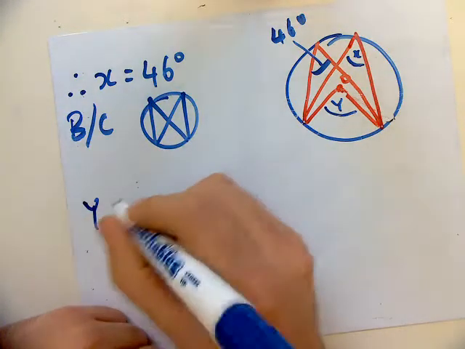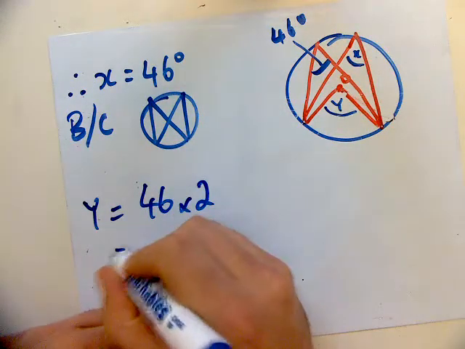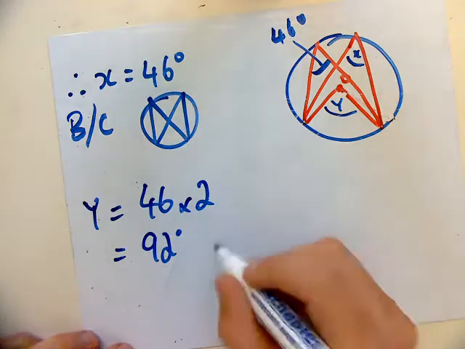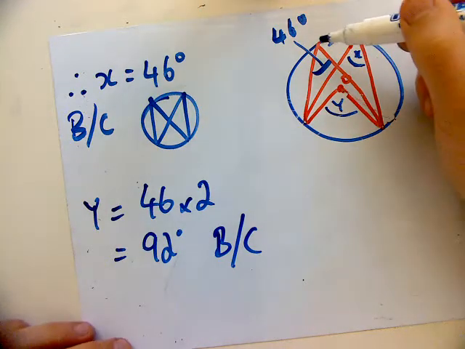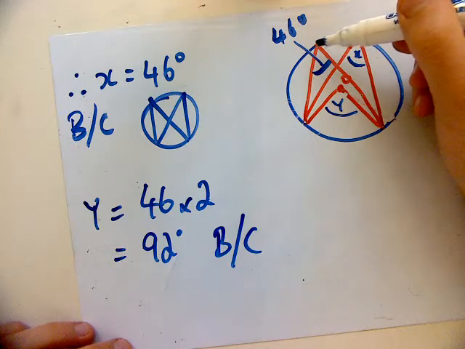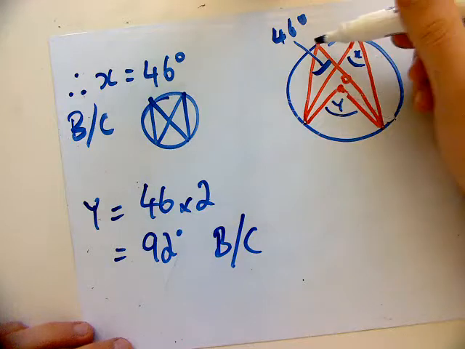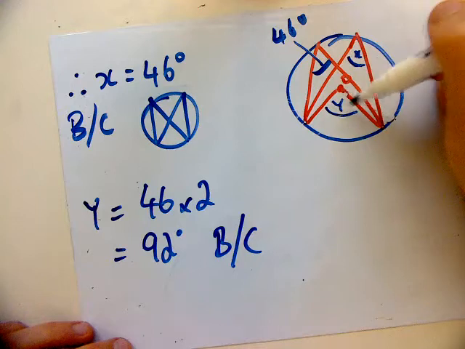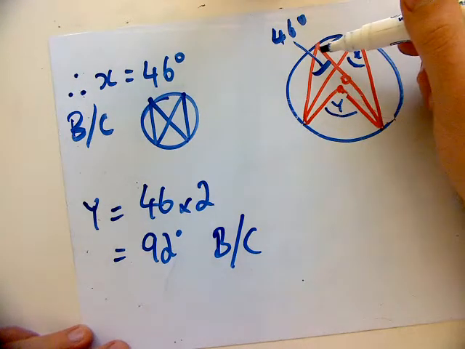What about Y? Well, Y is going to equal 46 times 2, which is going to be 92 degrees. Now, we can justify this because our theorem 1 says, remember, if we have a point on the vertex standing on the circumference, and the angle is subtended at the origin, so you have an angle at the origin, an angle on the circumference, then that means that this angle here at the origin is always going to be 2 times whatever this angle is here.